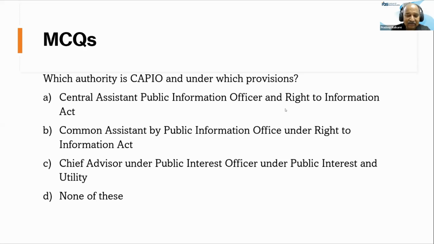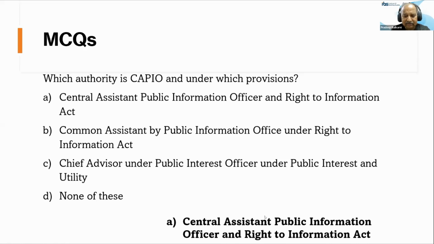So the answer is Central Assistant Public Information Officer, and the act is the Right to Information Act. Please make a note, the Right to Information Act is a very small act, not many provisions. There are only 5-6 aspects. Every time a question comes from the Right to Information Act.